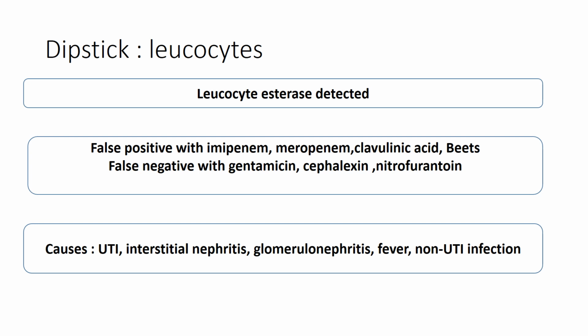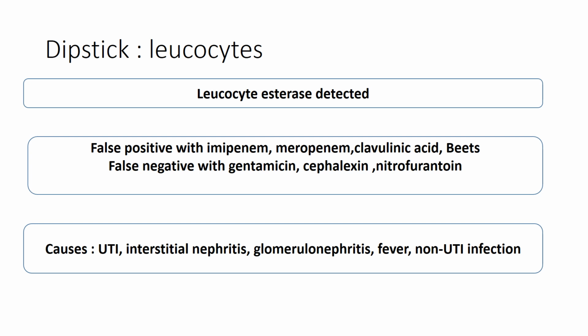So positive leukocytes are associated with urinary tract infection, patients who have interstitial nephritis, glomerulonephritis. We've seen positive leukocytes in patients with AKI, patients who have fever, patients who have infections elsewhere other than in the urinary tract may all have a positive test on dipstick for leukocytes.